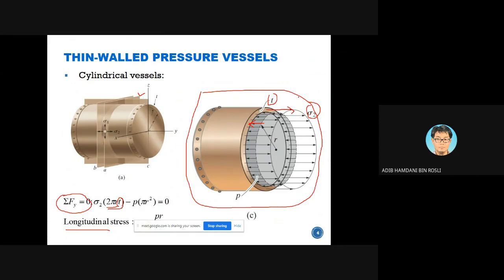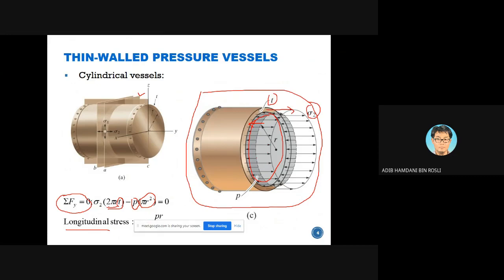It goes positive here. On the other hand, you have the force due to the internal pressure P, and this internal pressure P will act on the area inside the vessel, which is pi r squared. Why pi r squared? Because this is a circular cross section with radius r.